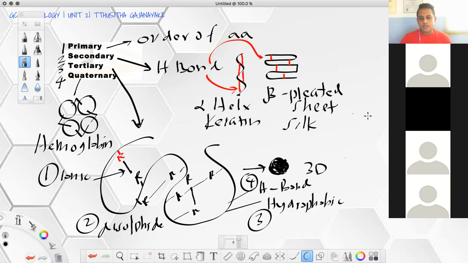This is called denaturation. So let's see what kind of chemicals and methods can denature the proteins. Okay, I hope you have copied this.